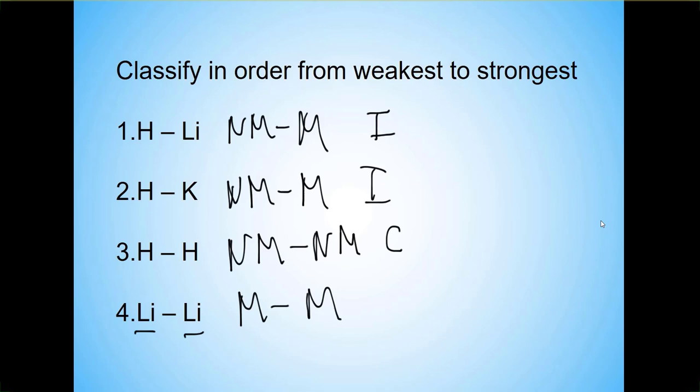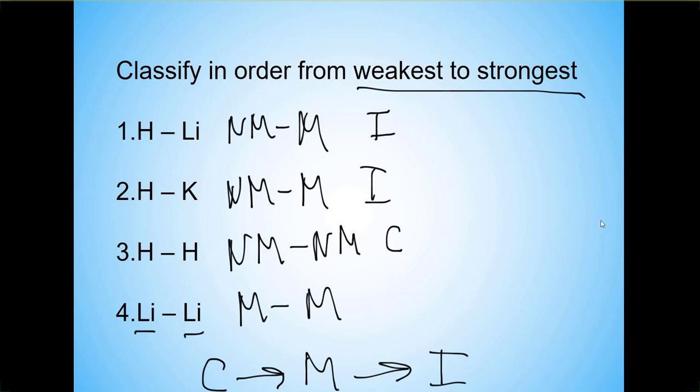So let's go through and classify this. And it's asking for weakest to strongest. So we're going to go covalent to metallic to ionic because we know that ionic is strongest and covalent is weakest. And that's the order that we need to put these in. So there's only one covalent, so this one is the first one. Next, metallic, only one metallic is right here. And then we have our two ionic.